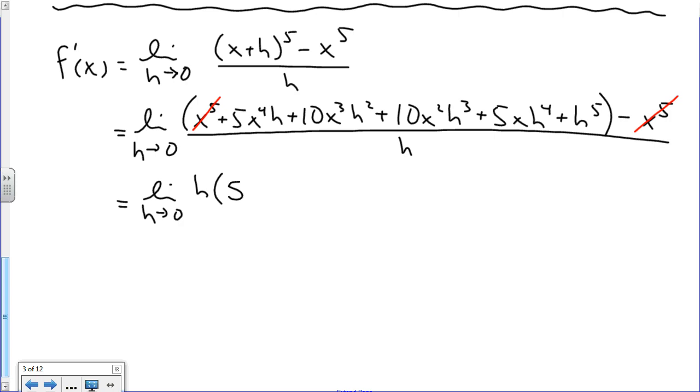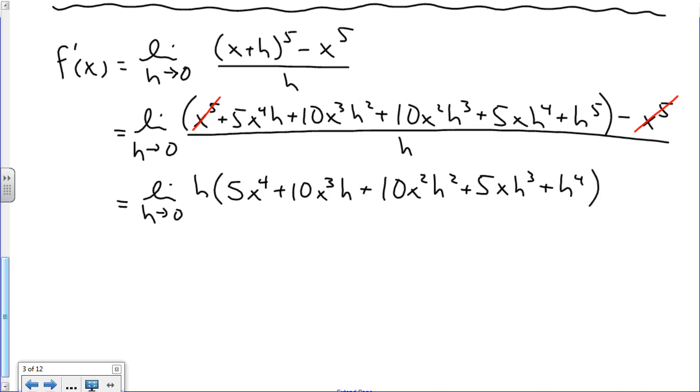So I'll be left with 5x to the 4th when I factor out the h, plus 10x cubed h, plus 10x squared h squared, plus 5x h cubed, plus h to the 4th. And this is all divided by h. And here are my h's that will cancel out.